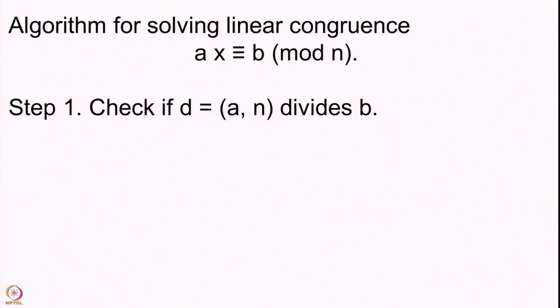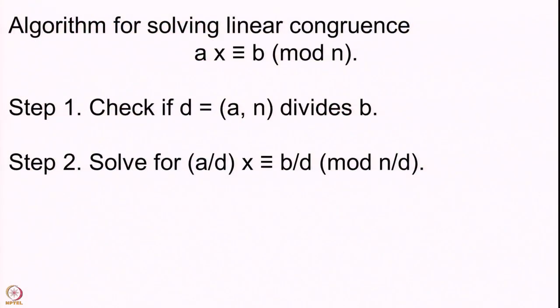The very basic step is to check whether the GCD of A and n divides B. If the GCD does not divide B, then there is no solution and we are done. However, if the GCD does divide B, that means this D divides all of A, n and B. And then we go to the next step, which is that we cancel D from all these numbers.